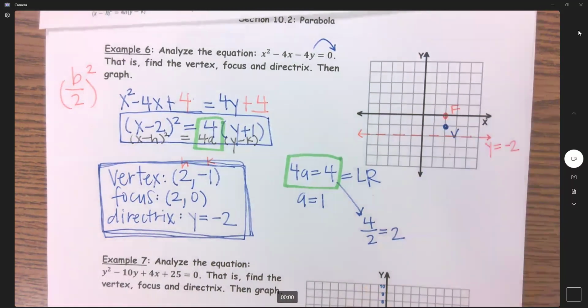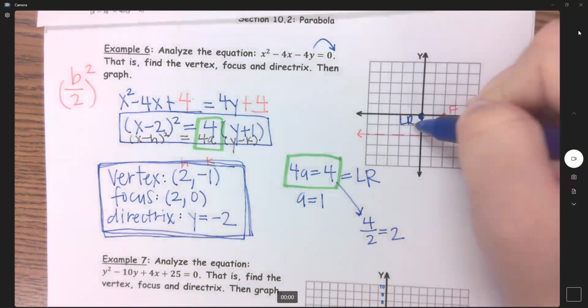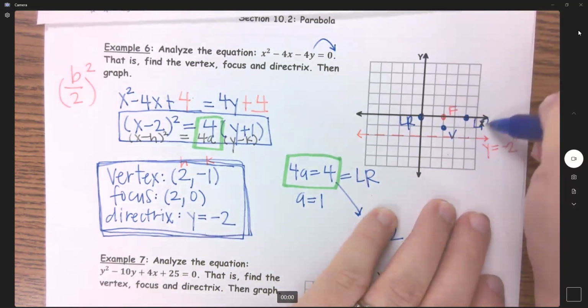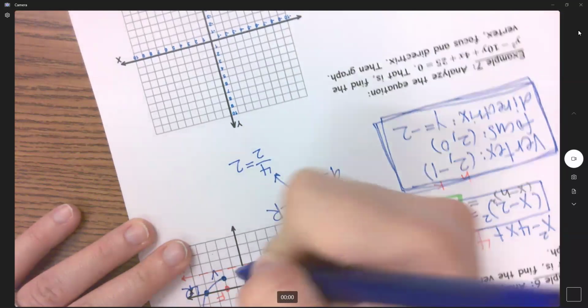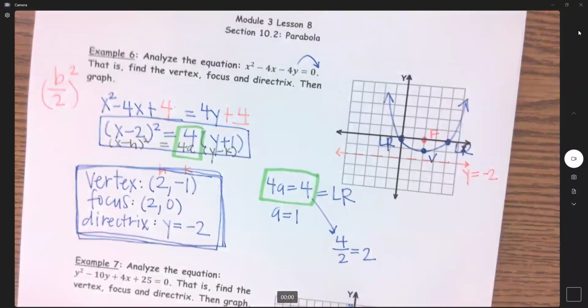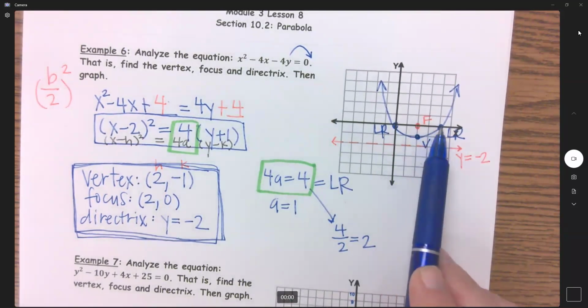So from this focus, I'm going to go 2 to the left and 2 to the right. So when I graph, we'll graph from the vertex through those LR points. And you can see I have a total length of 1, 2, 3, 4.